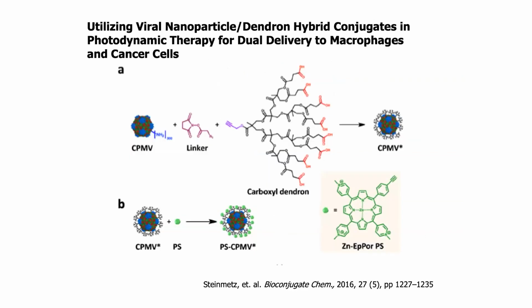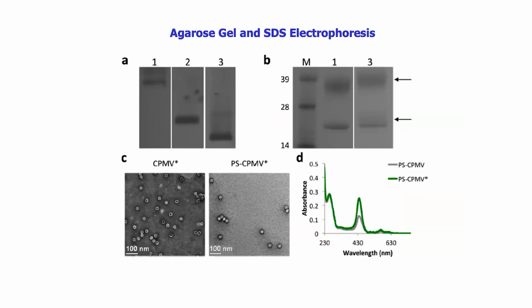In this study, the attachment of the dendron to the CPMV was done by modifying the amine groups towards click chemistry with the azide and the acetylene. The result is the presence of the carboxylic acid, which allows us to bind the zinc-based drug and demonstrate it for delivery as well as toxicity against cancer cells.